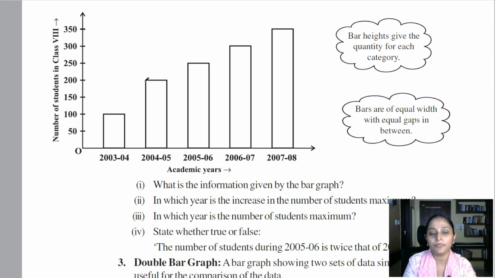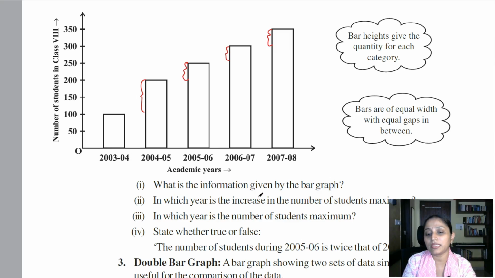You can see that in the first two academic years, this is the increase, right? If you consider the second and the third academic years given here, this is the increase. If you consider the fourth and the third, this is the increase, and then this is the increase. So clearly you can see that the increase is maximum from the year 2003-4 to 2004-5.